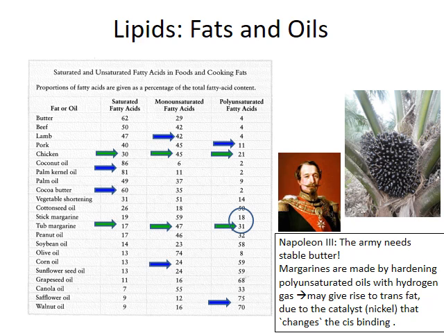When we look at the bottom of the table, you see that safflower oil and walnut oil contain a tremendous amount of polyunsaturated and monounsaturated fatty acids combined. So if your goal is to get as much as possible mono and polyunsaturated fatty acids, then go to the oils.